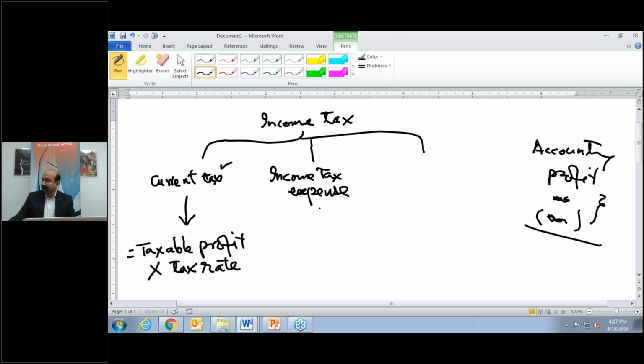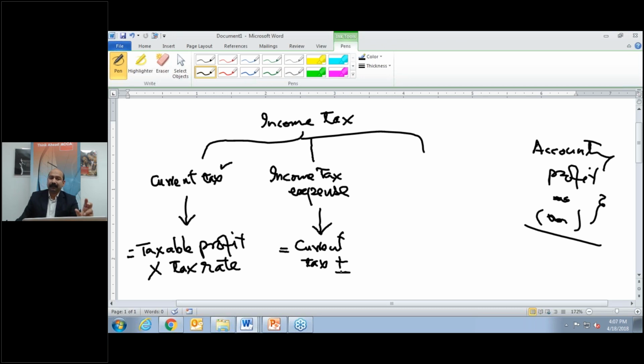But the expense will, of course, include the current tax, but this will include or exclude other items as well.